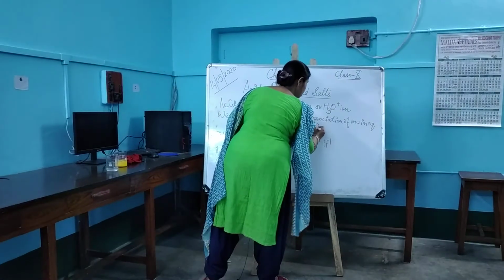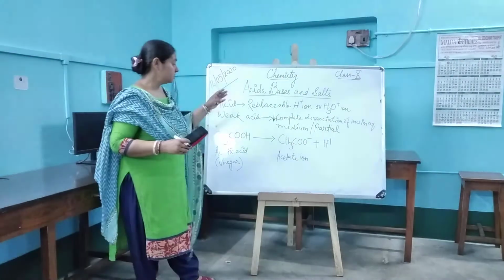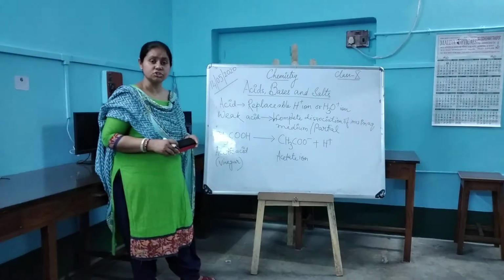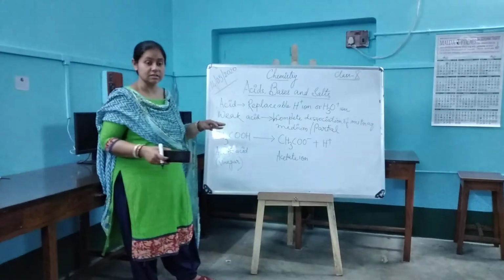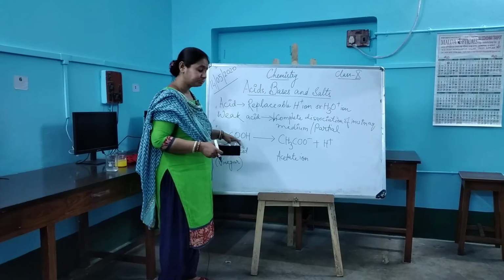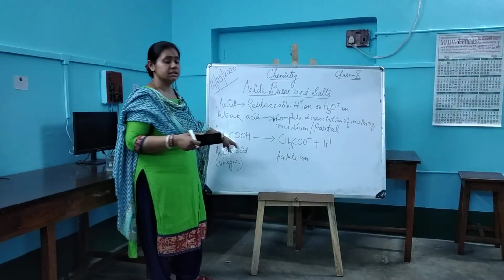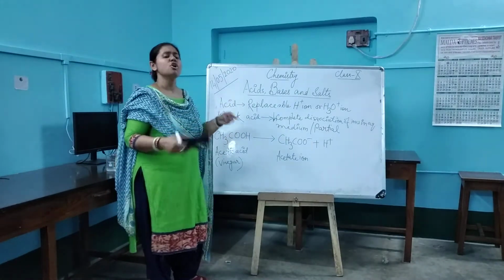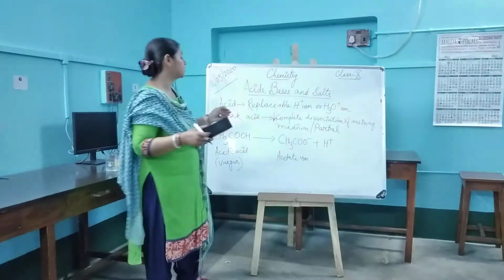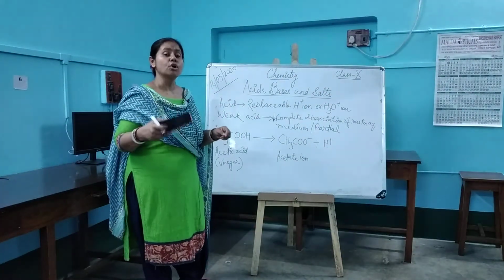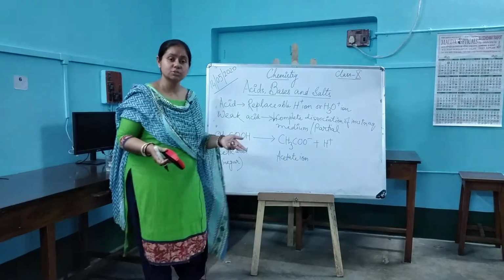That is why we call them weak acids. These acids are obtained from plant or animal sources, and they don't break down completely to give the constituent ions. That is why we classify them as weak acids.